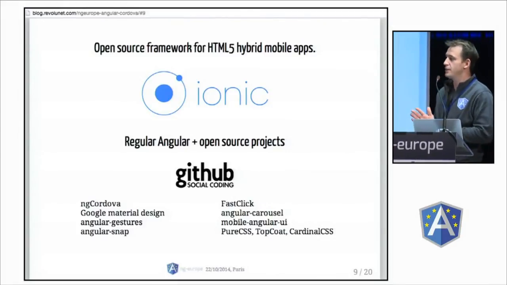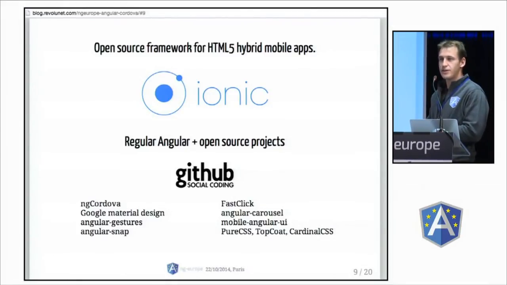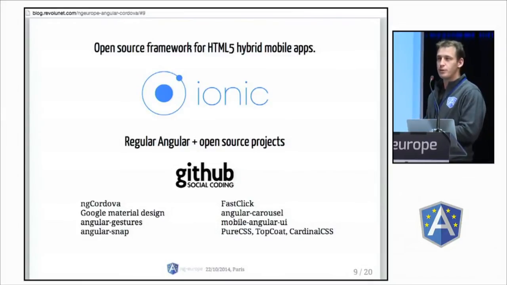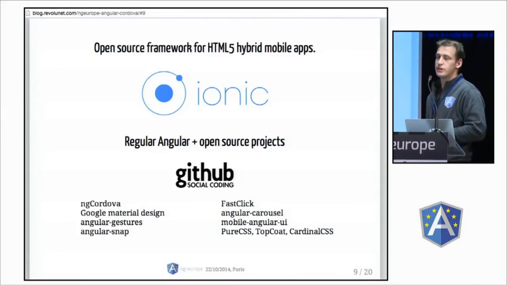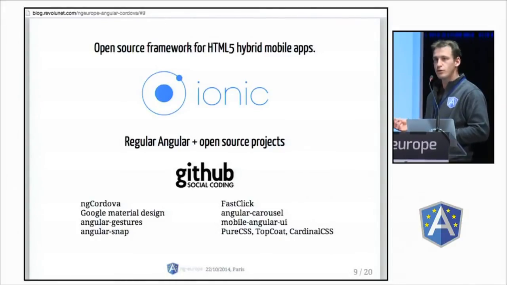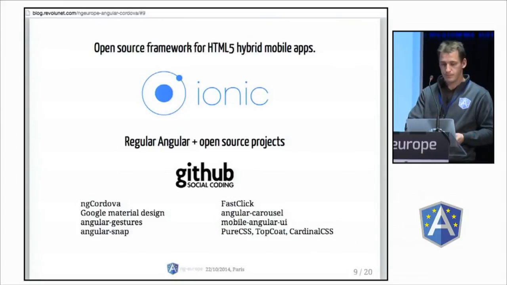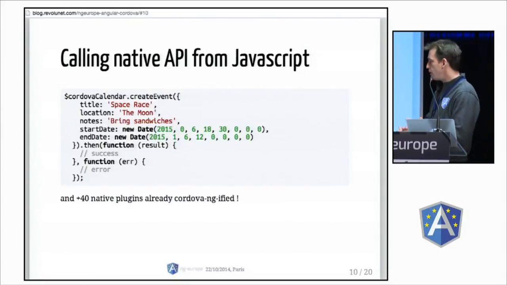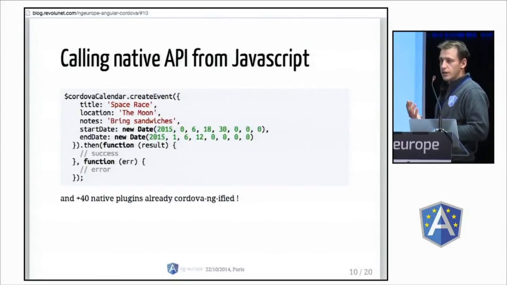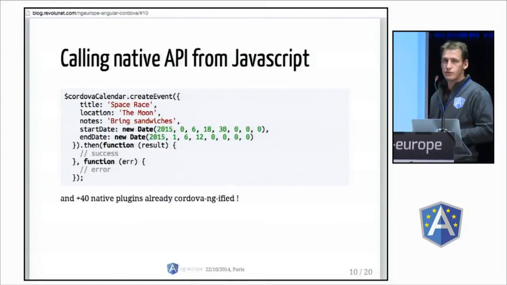And luckily, the awesome guys at Ionic recently released a very cool project, which is ngCordova. ngCordova is a set of regular Angular services to talk to the Cordova APIs. For example, here one can create a native calendar event on your device using just JavaScript.